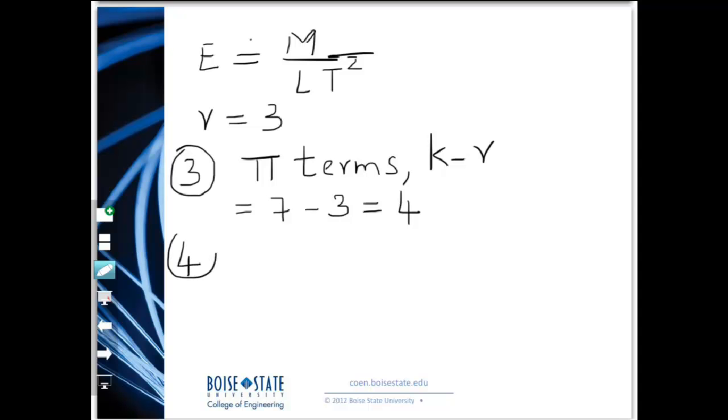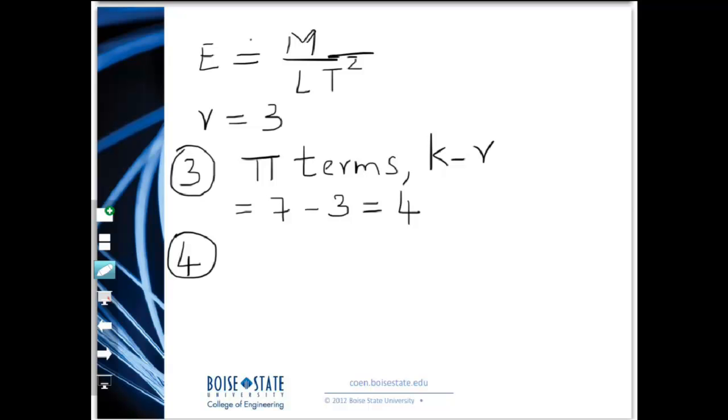So next step is you have to select certain number of repeating variables equal to your number of primary dimensions. In this case, it should be equal to 3. And always remember, never pick the dependent variable, in this case delta, which is what we want to find in terms of all the other variables.